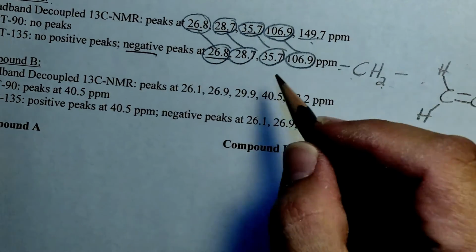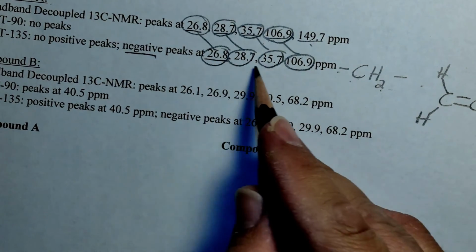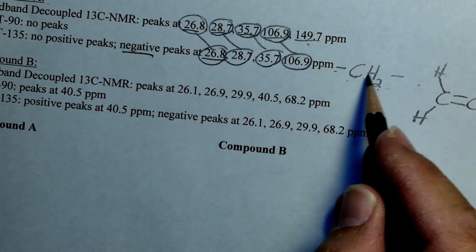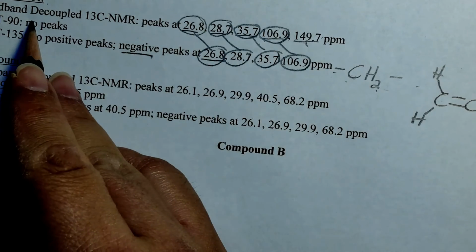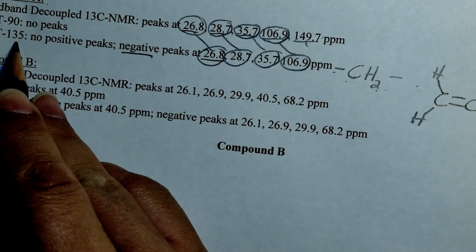So according to DEPT, as we just said, these carbons all have CH2s connected to them, whereas this one is absent in both the 90 and in the 135.